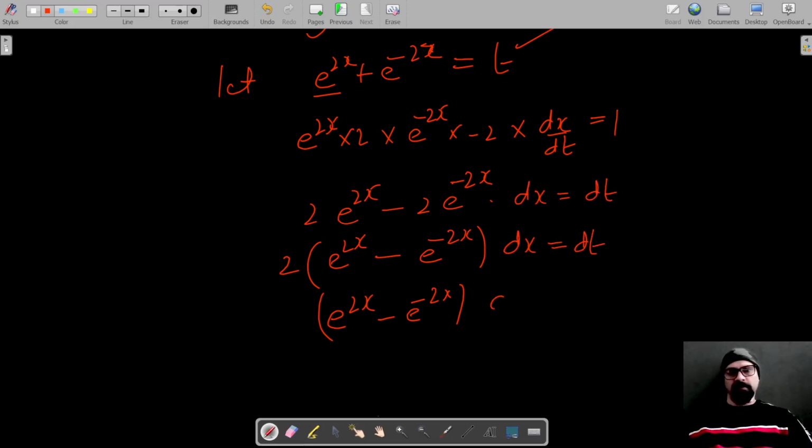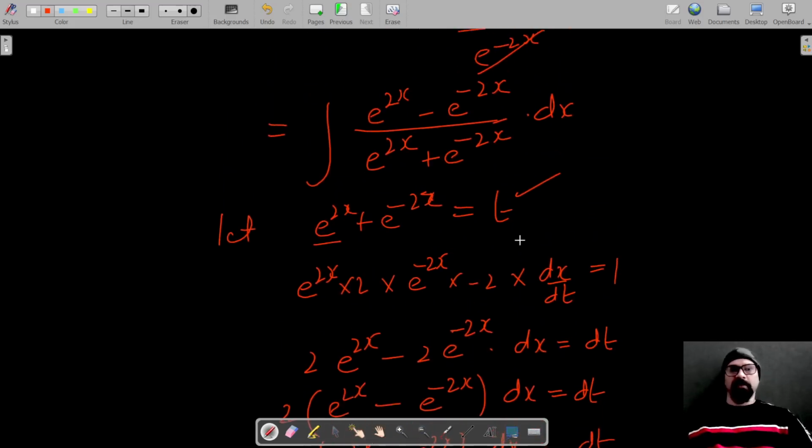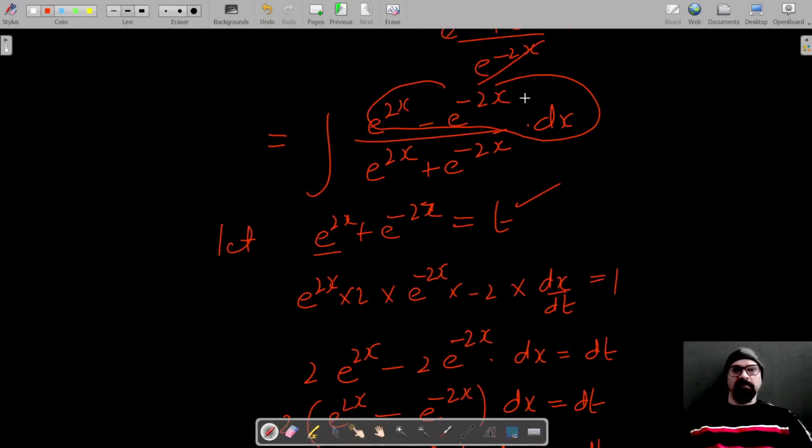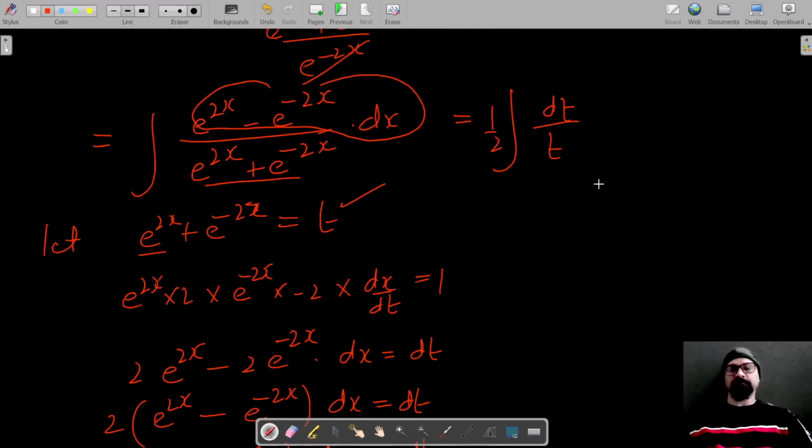Since we have differentiated with respect to x, this gives dt by dx. So dx is equal to dt upon 2. That means I can replace this value with half out and it's dt, and this is t.